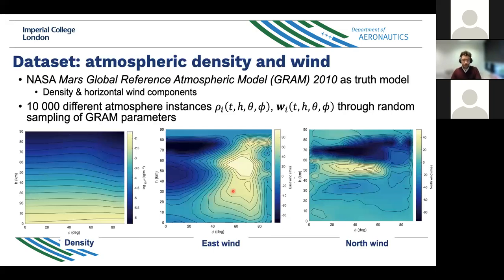So regarding the data set that we trained the neural network on, since data on the Martian atmosphere is hard to come by, we rely on the current state of the art in terms of atmospheric models for Mars, and in particular on the Mars Global Reference Atmospheric Model, or GRAM, as a truth model.